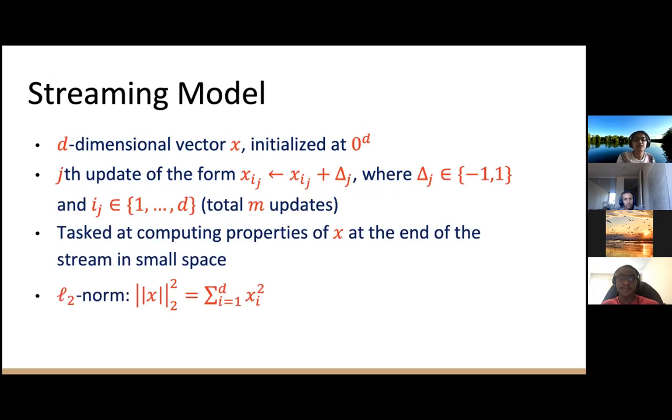For example, the L2 norm of x is defined as the square root of the sum from i equal to 1 to d of x_i squared. At the end of the stream, you can be asked to compute the L2 norm of x within an approximation of 1 plus or minus epsilon.